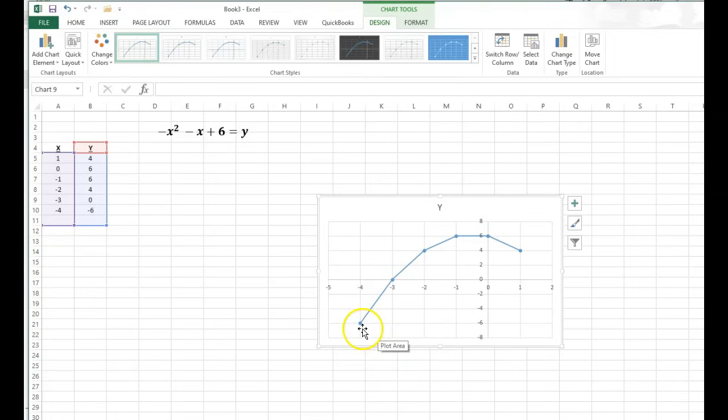It looks like, where x is -1, y is 6, where x is 0, y is 6. So that's the head of your curve. It looks like it's going back down, so we need to increase the x. We already have 1, so we want to try 2, 3, and 4.